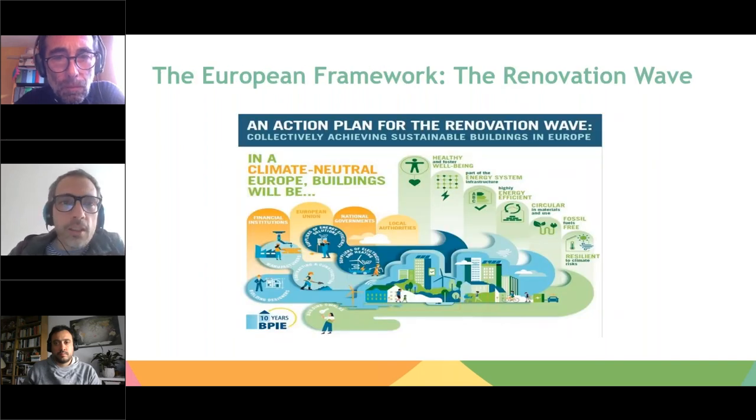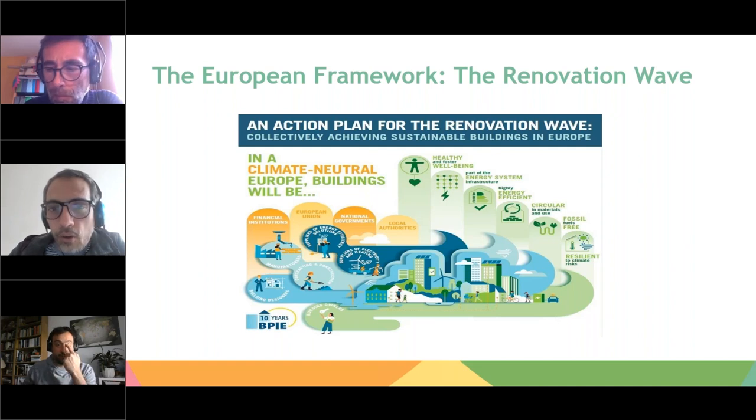The idea of this action plan is to reduce the energy consumption in Europe. The energy consumption of the buildings in Europe is about 40%. So we need to attack these buildings, to refurbish these old buildings in order to be healthier and provide more well-being, and to be part of the energy system infrastructure.